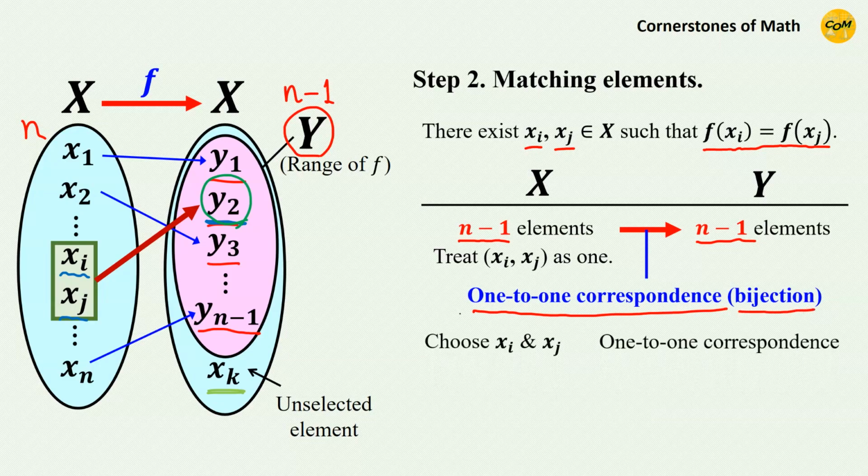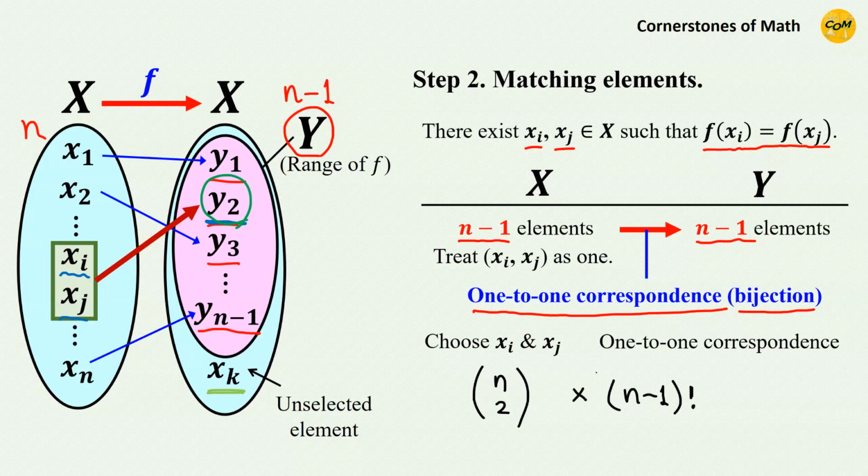So we can calculate the number of cases like this. There are n choose 2 ways to choose such xi and xj, and for each choice, the number of one-to-one correspondences between sets having n-1 elements is simply (n-1) factorial.